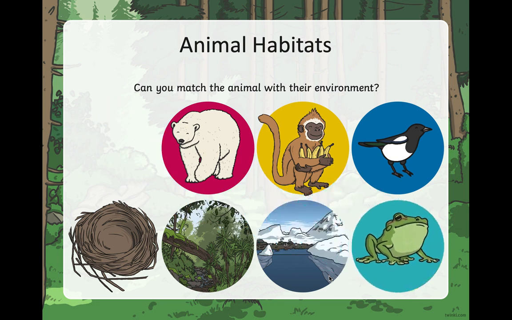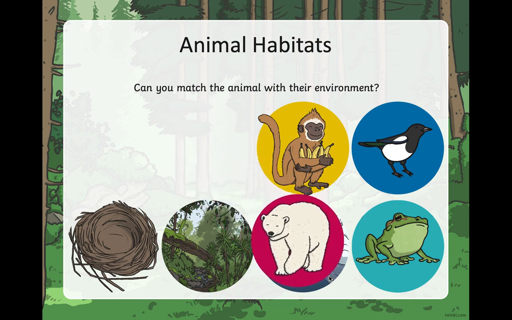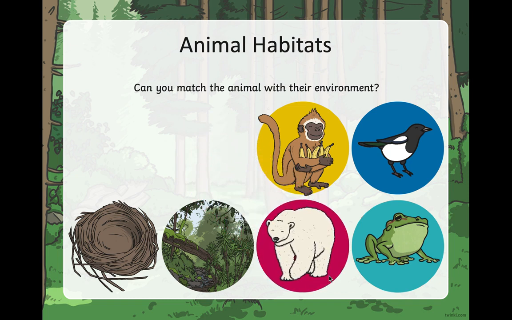So if you didn't guess already, the frogs need to be in a place where there's a pond or still water, or a place where they can find bugs and all those kinds of things to eat. Now a polar bear basically lives in the Antarctica, or frozen places.